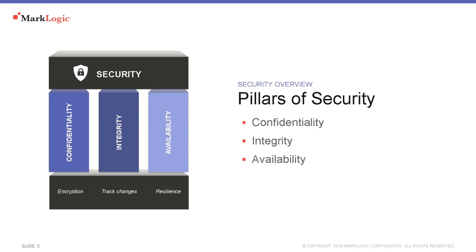So let's look at the 3 pillars of security: confidentiality, integrity, and availability. Confidentiality is the right person having access to your data. Integrity is ensuring that the data is not modified in transit, and throughout the life cycle of the data is not compromised. And availability is making sure that data is available to the authorized user.